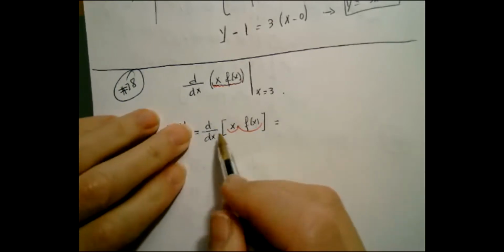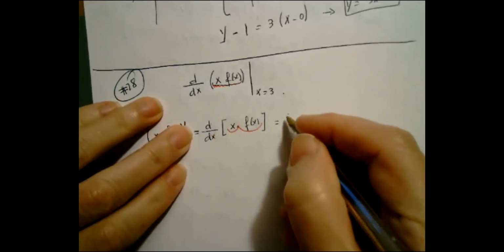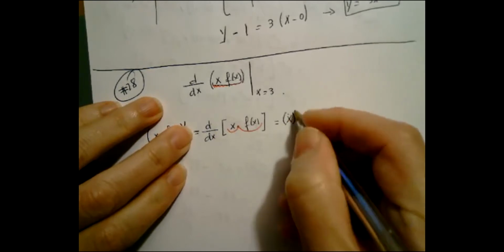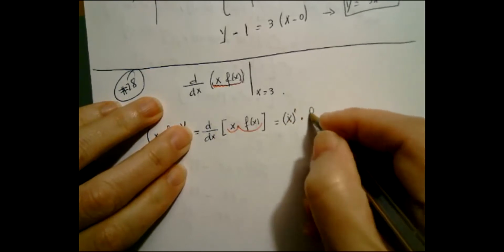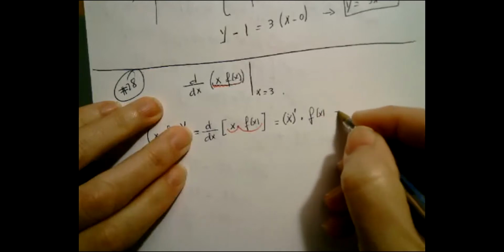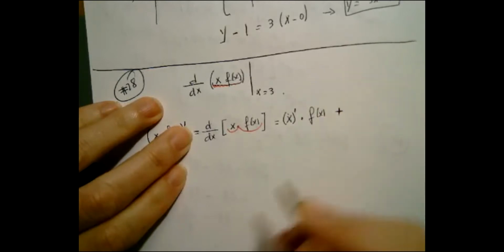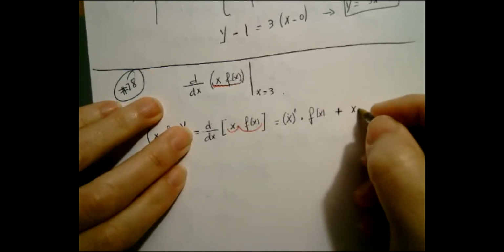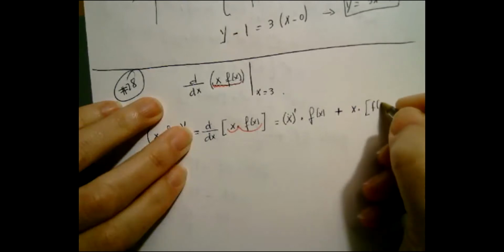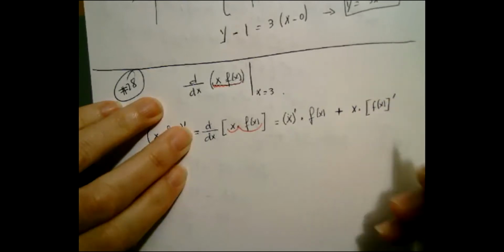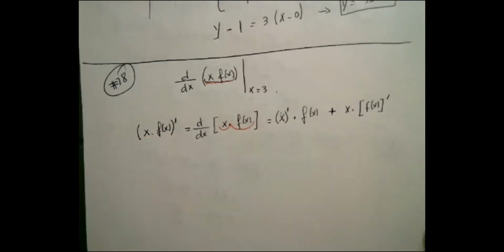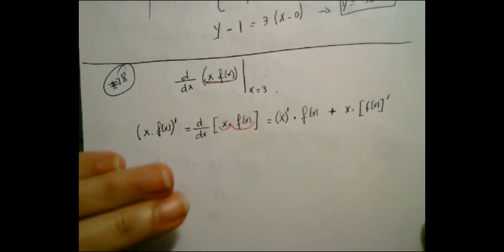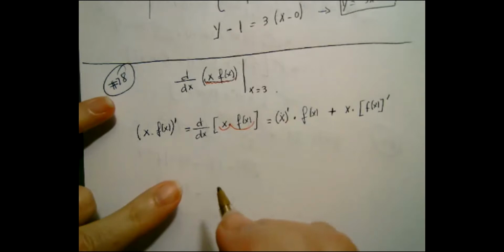Okay, so it's equal to the derivative of x times f of x, using the product rule, plus x times the derivative of f of x. So we don't plug in first. First, very slowly, we find the derivative for any x.